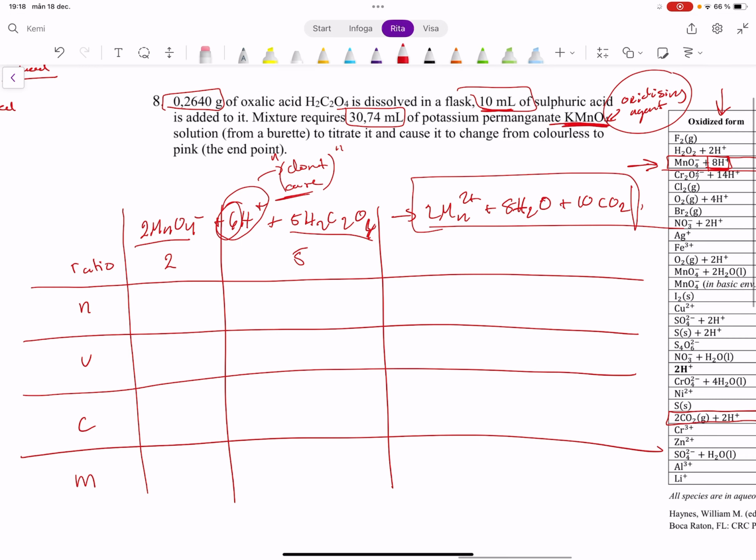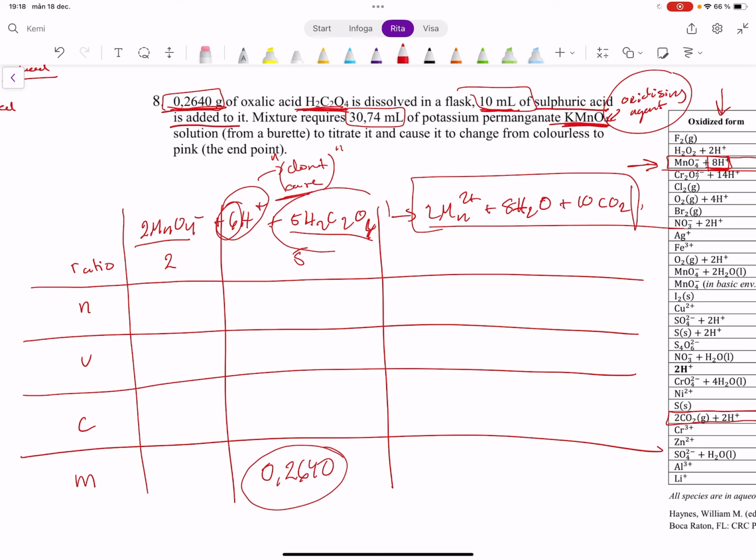Anyway, so we start to fill out the information. We know that we have this amount of mass of this one. So we look here, then we write 0.2640. Then we look at the next thing. They say that we have 10 milliliters, so this amount has been dissolved in 10 milliliters of sulfuric acid.